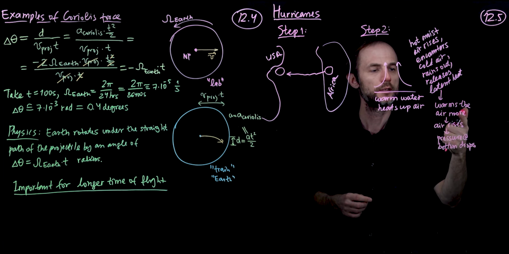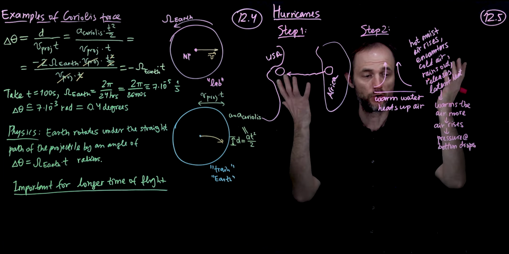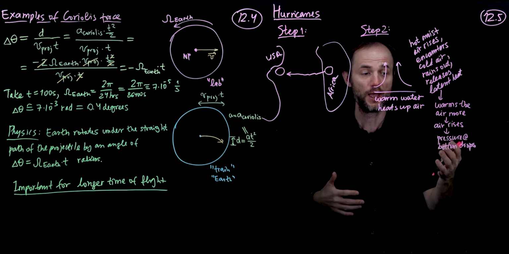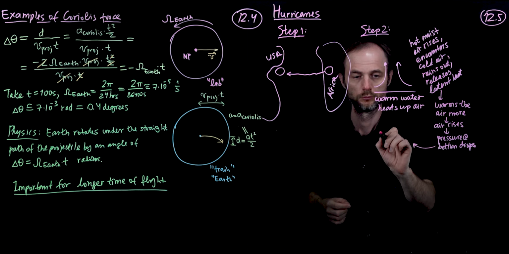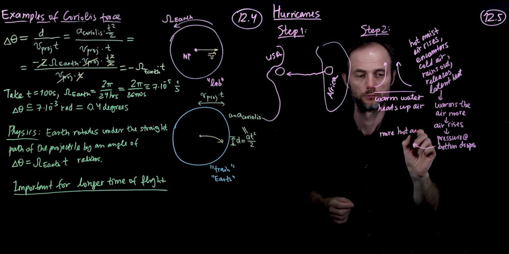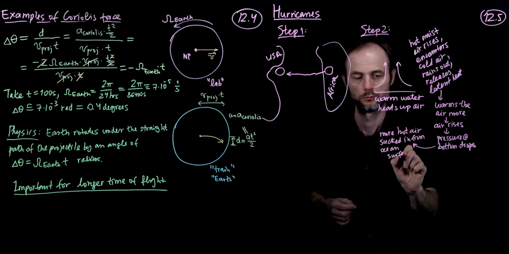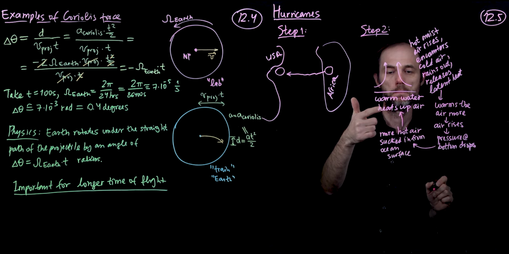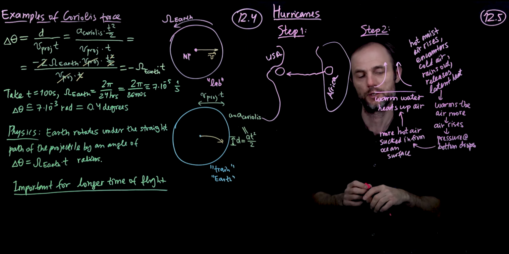So once that warms up the air even more, causes the air to rise, and because air rises, there is a suction effect, so the pressure at the bottom drops, and that pulls in even more air from the ocean surface, and now we have closed the cycle that this air gets heated up and goes around like this.